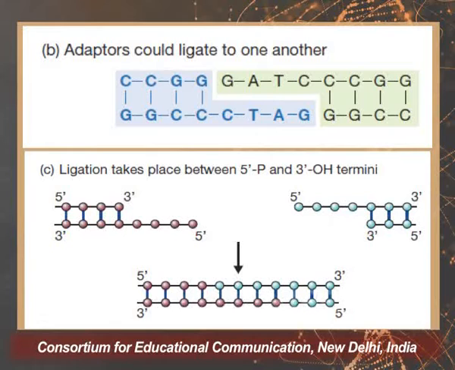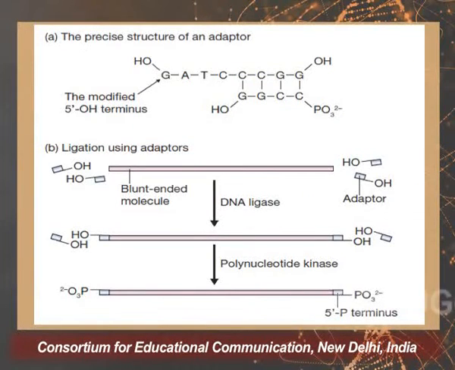Now if we remove the 5' phosphate, for example, and make it the 5' OH group only, then the two adapters cannot join together. So that is what is basically done when the adapter molecules are prepared. The blunt end side will have the phosphate and the OH group, whereas the sticky end side is modified so that both the 5' as well as the 3' end will have hydroxyl groups.